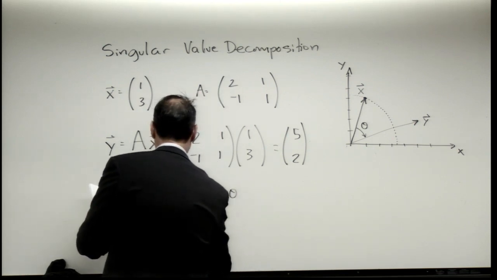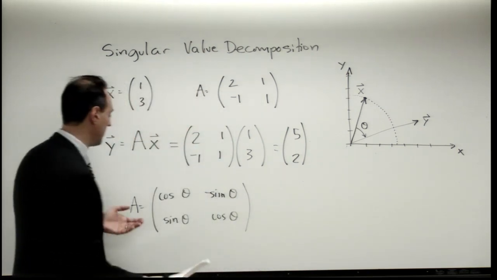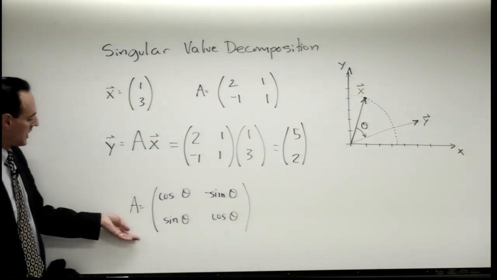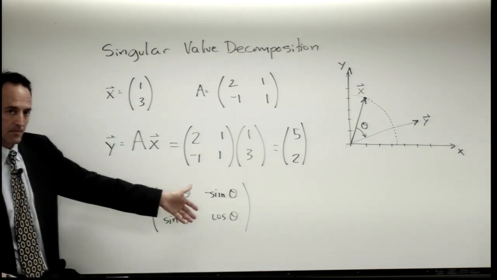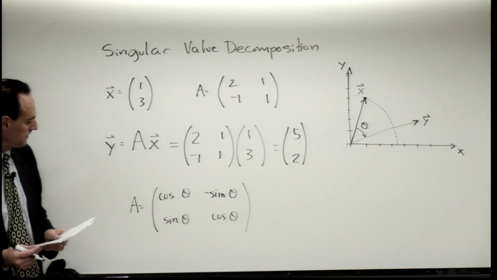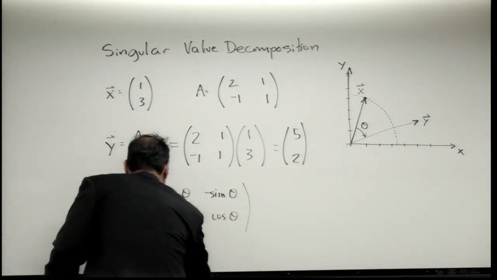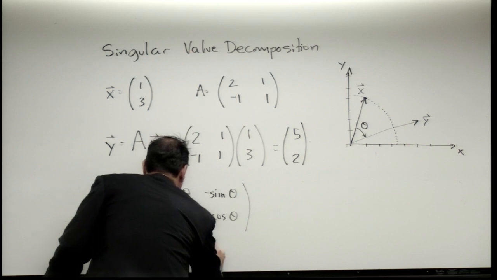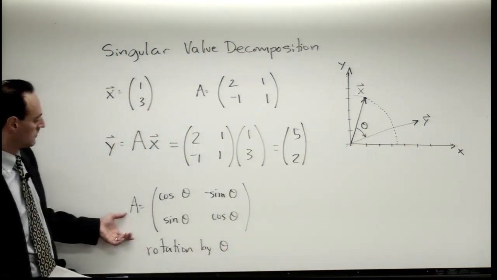Let me write it down. That's it. This matrix here rotates any vector by an angle theta. So that is what this represents, a rotation by theta.